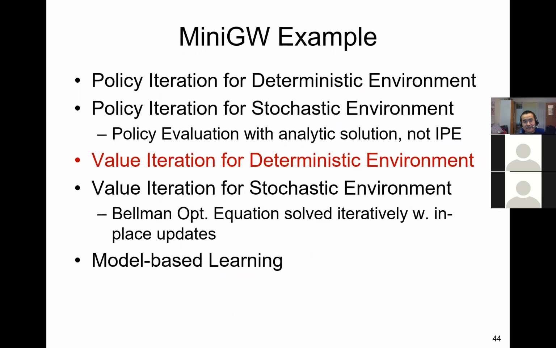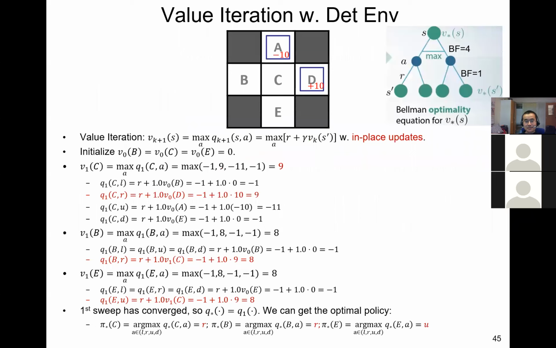So now let's try value iteration for the deterministic environment. Deterministic, so the branching factor for the environment is 1. Now to make the iteration converge faster, we can use in-place updates.